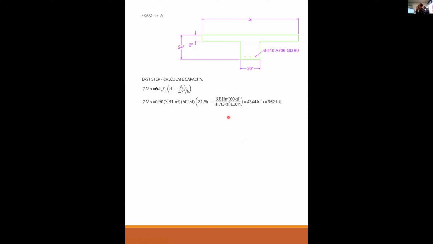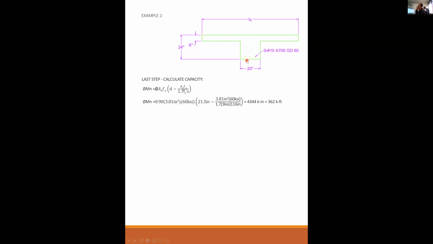Any questions on this example? So only for minimum, we use the bw. Yes. Anything that has to do with the compression block is 116. That's the width of my compression block. But the minimum steel is to protect against cracking. So it would crack across the bottom.